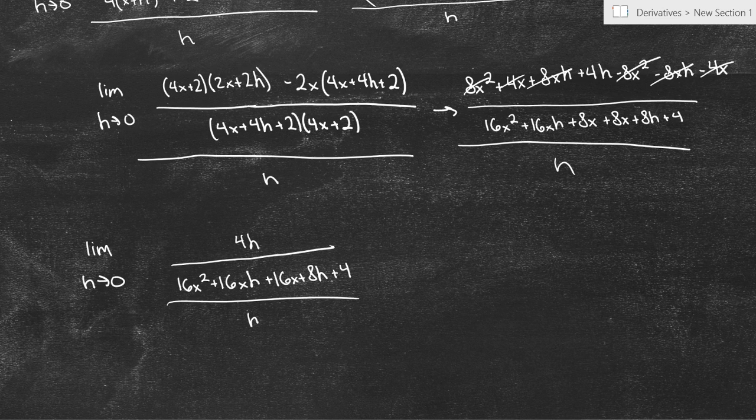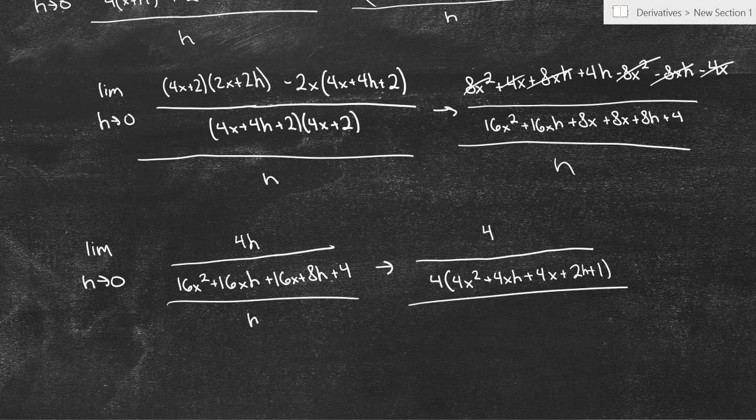Okay, well what I'm going to do is a final step with the bottom. I'm going to factor out a 4 because I see that that can come out. And I'm going to be left with 4 divided by 4 times 4x squared plus 4xh plus 4x plus 2h plus 1. Okay, and then all of this still is divided by h. And now is the time that we can work with that h.